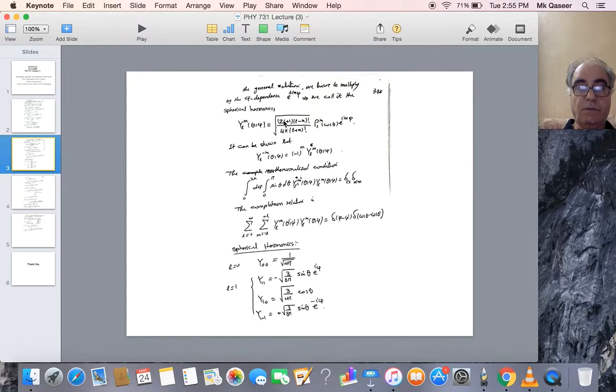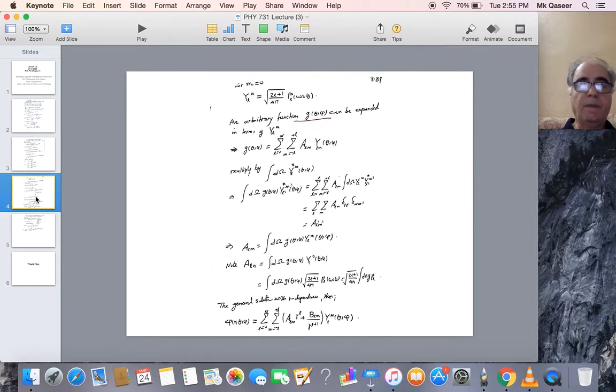Now some examples of the spherical harmonics. Y_0^0 is a constant, 1 over square root of 4 pi. If you substitute m equals 0 and L equals 0, you get this expression. For L equal 1, m is equal to 1, 0 or minus 1. Again, substituting in this expression, we get for Y_1^1 this expression, Y_1^0 is this, and Y_1^(minus 1) is this.